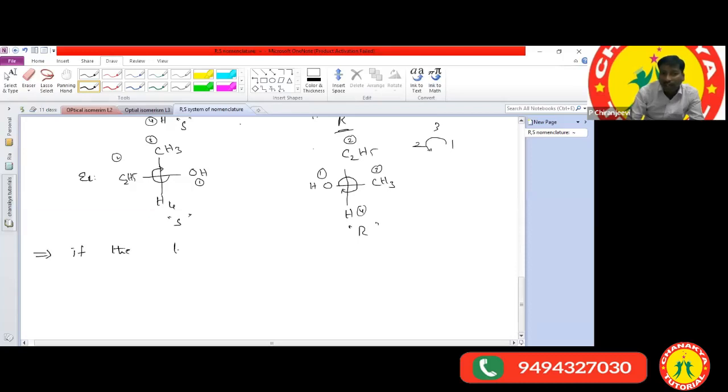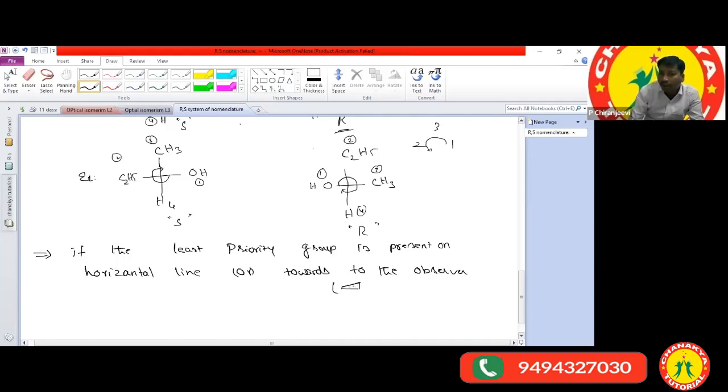If the least priority group is present on the horizontal line, towards the observer, which we represent with a dark line, and the priority order is in clockwise direction, it is exactly opposite: we call it S isomer.